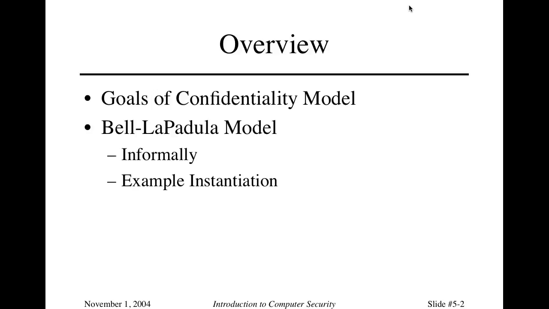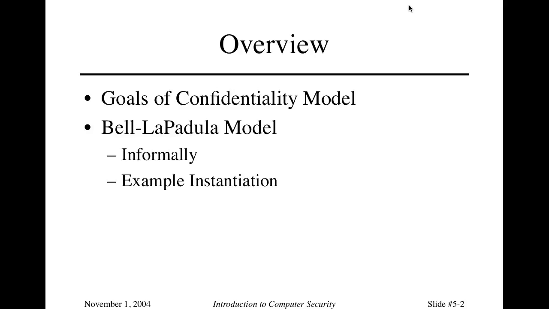In the first chapter, when we provided the introduction to security, we mentioned the features of security: confidentiality, integrity, availability, and accountability. Basically, the access control model provides protection to confidentiality.